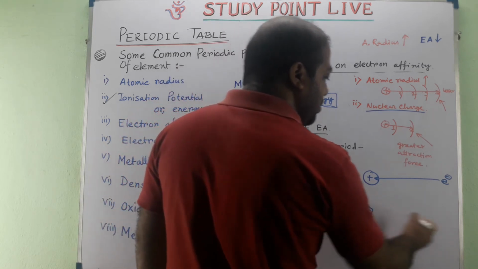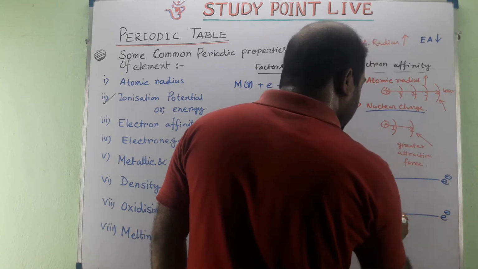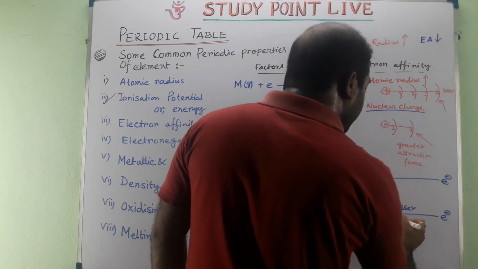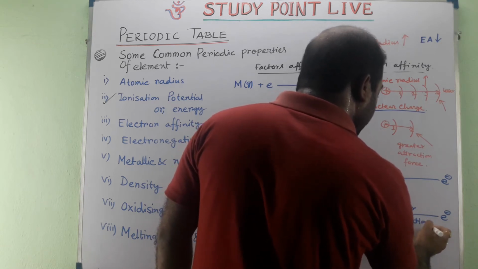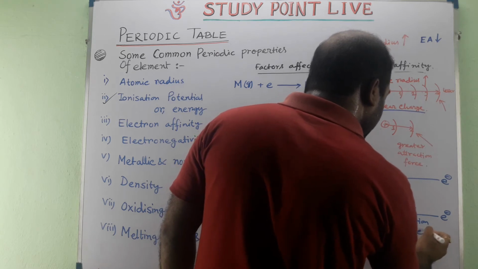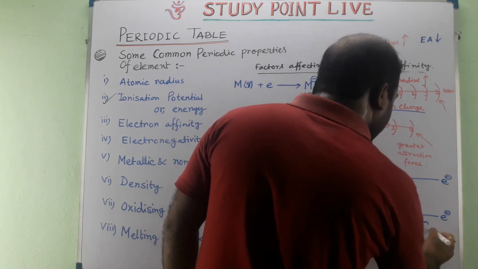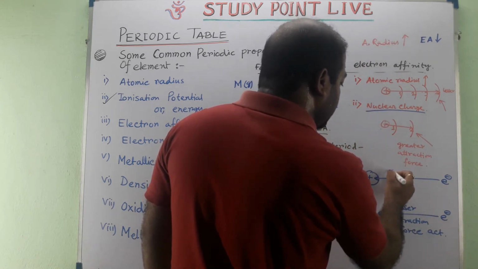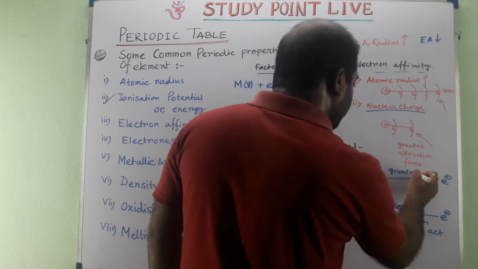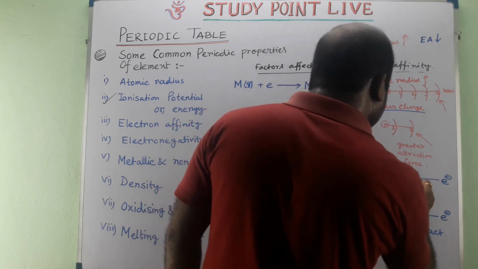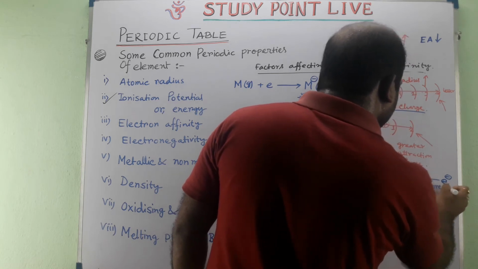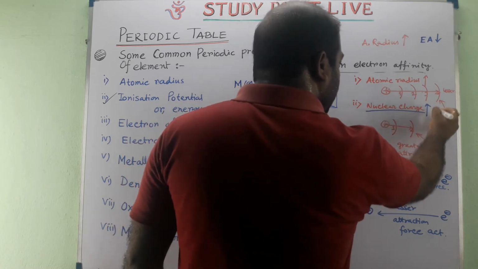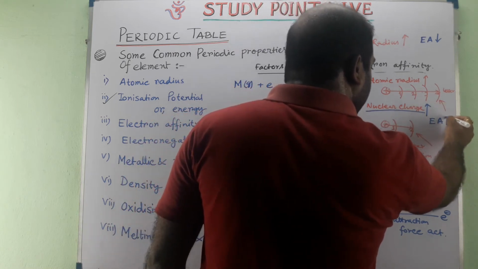That's why in the second case, lesser attraction force acts than in the greater nuclear charge. So now we can say that if nuclear charge increases, the electron affinity of that element will also increase.